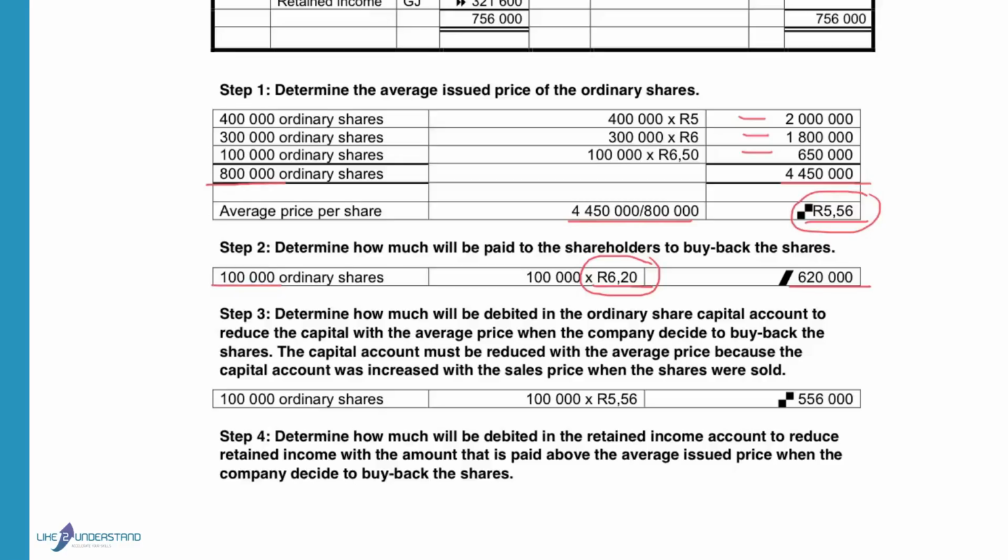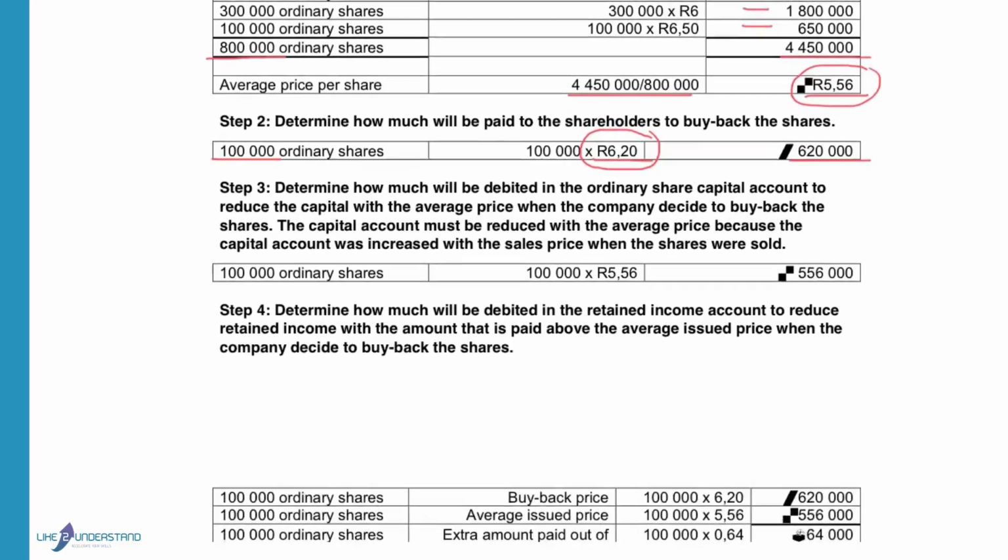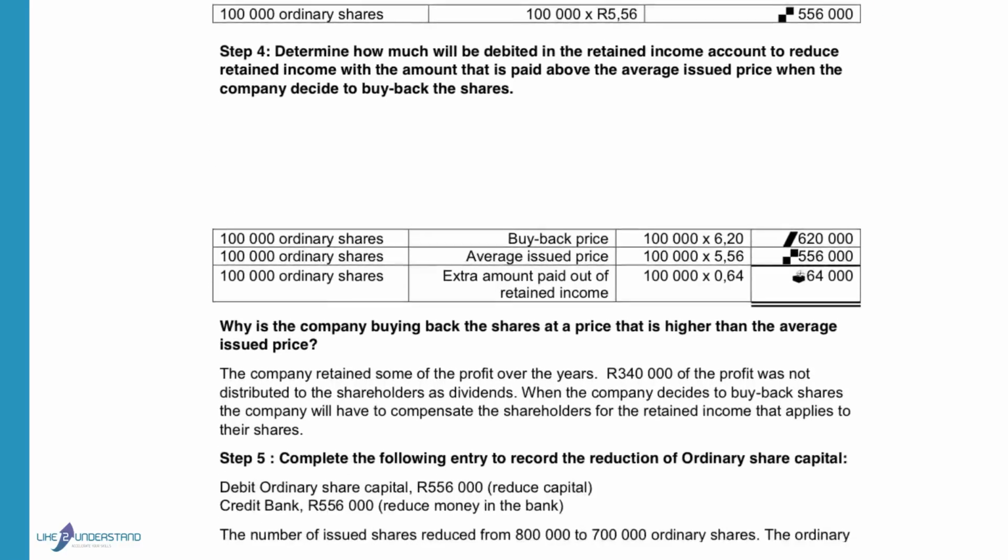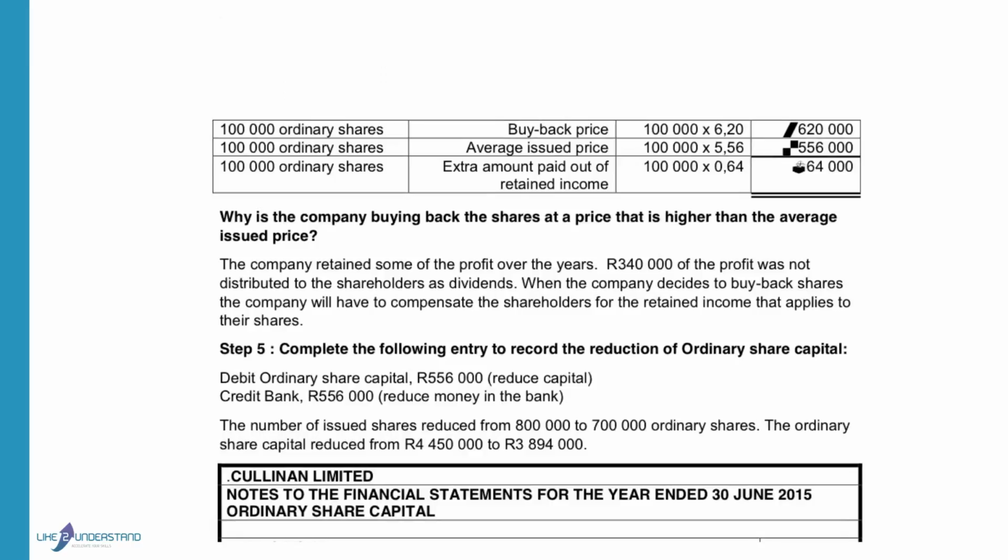The amount in the retained income account, the opening balance that was retained out of profits from the previous years, is 340. Out of that 340, 64,000 was taken to pay the shareholders. So the balancing figure, the 276,000, will be transferred to the appropriation account.